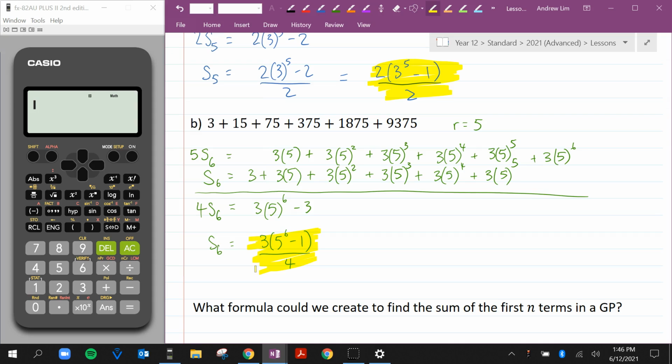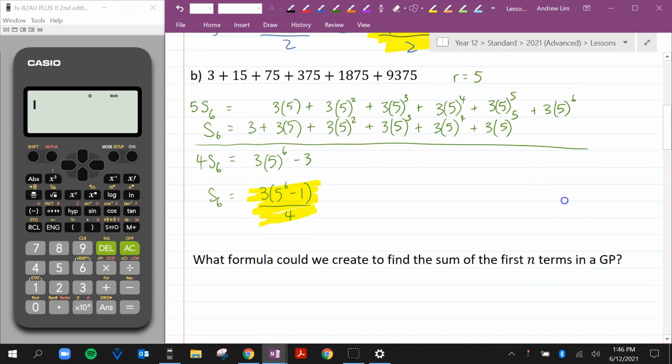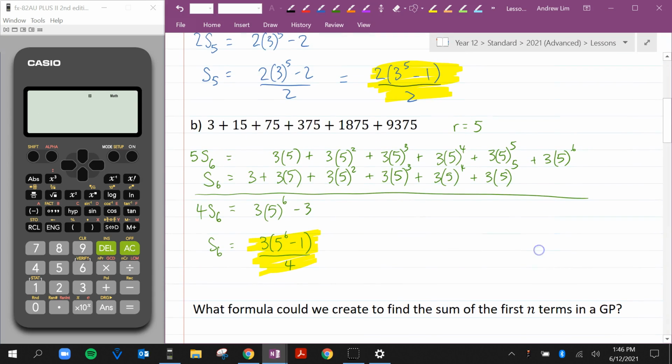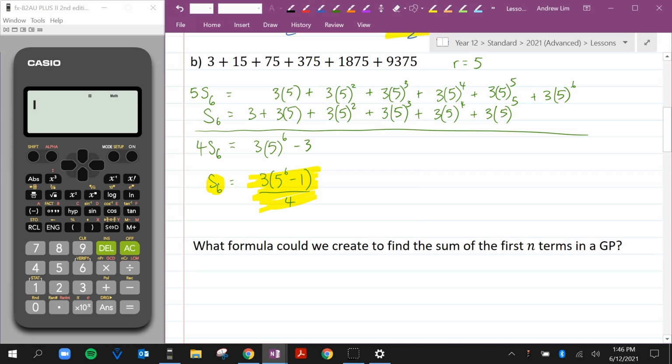Same as B. So what formula could we create to find the sum of the first n terms in a GP? How can we get this and this? Well, what does this 3 represent?